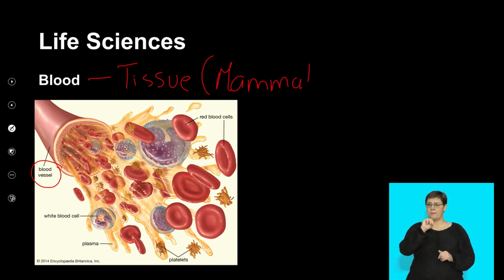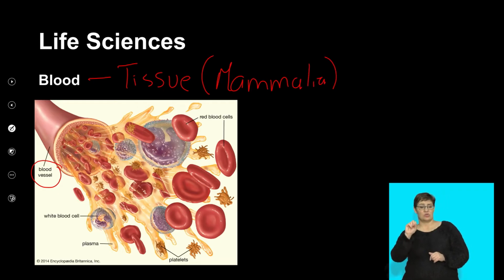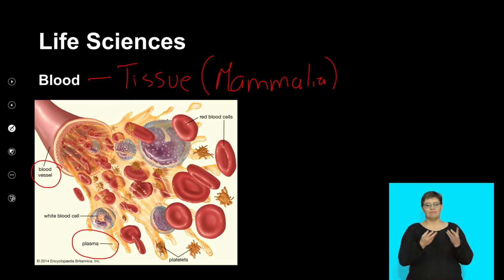But just remember, it's made up of two components. The first component is this liquid medium called blood plasma. And that's going to play an important role in the concept that I'm going to look at now. In the blood plasma, other than things dissolved in the blood plasma, what else did we see in blood?